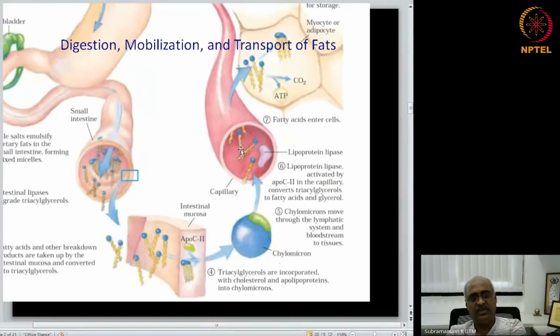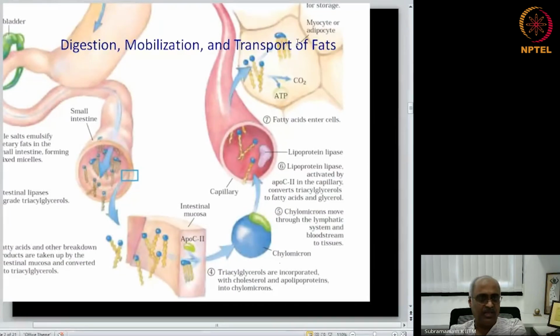You see here a free fatty acid, with one carboxyl group on the tail. These are then transported into cells, like muscle cells (myocytes) or adipocytes, where fat is going to be stored. There, they are either oxidized by beta oxidation, which we will discuss tomorrow, to carbon dioxide and ATP, or re-esterified into triacylglycerol and stored as storage fat.